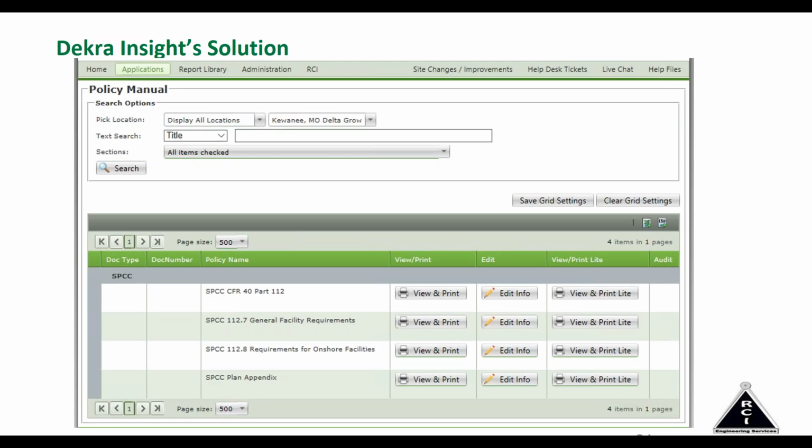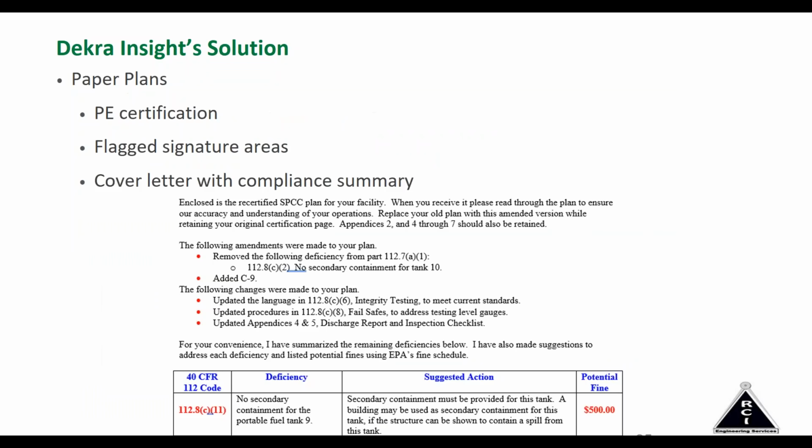Okay, back to our policy manual. Even though the manual's online, we still print out paper plans, and that's what we certify. When we certify a plan and send it to a client, we also send a cover letter with it.